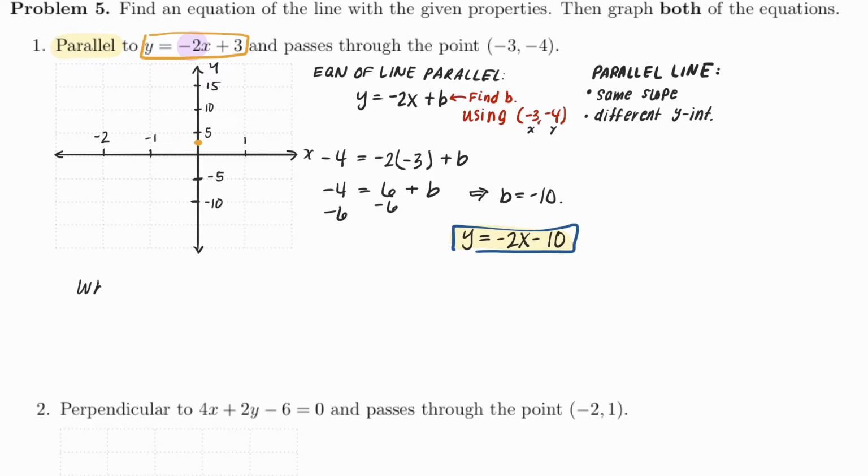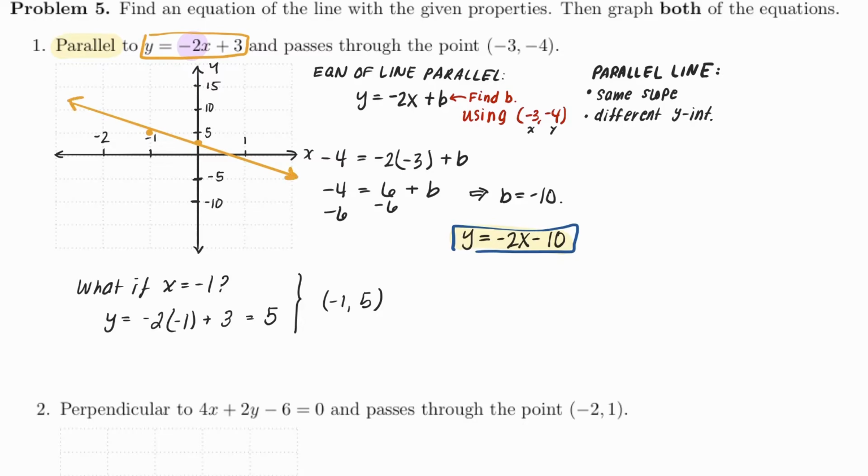So what if x is equal to negative 1? Then I get y equals negative 2 times negative 1 plus 3, which is 5. So the other point on this line that I'm going to use to draw the line is negative 1 comma 5. And then I'm just going to try to connect these as best as I can. Okay, that'll have to do. So there's our first line.